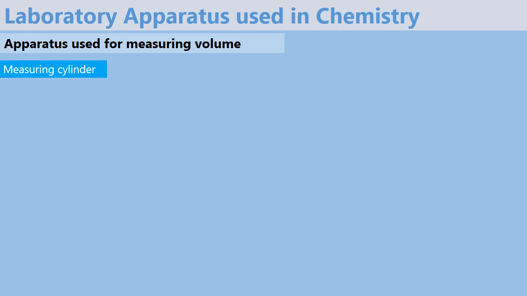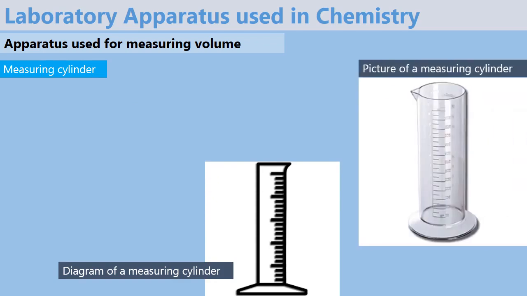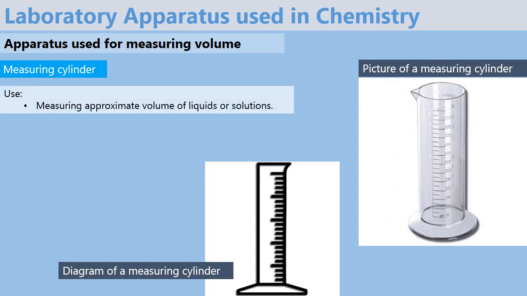The next apparatus is known as a measuring cylinder. Here we have a nice diagram and a picture. A measuring cylinder is used to measure approximate volume of liquid or solutions. We have different sizes of a measuring cylinder.